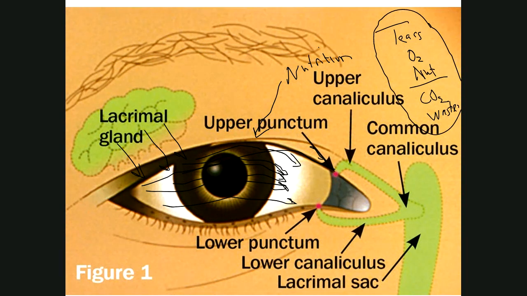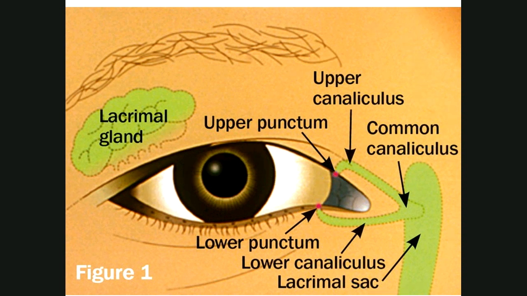Those tears have to have some place to go. And they go into this part right here. There are little tiny openings right here called puncta. We have an upper punctum, that's that little hole right there, and we have a lower punctum, that's that little hole right there.